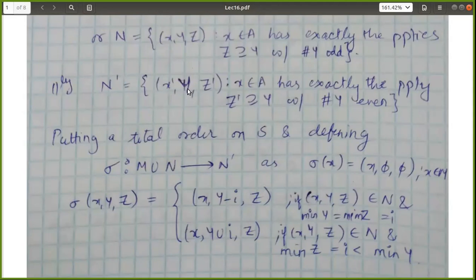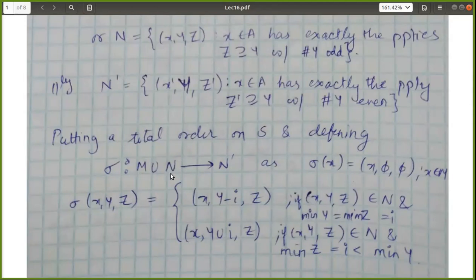So the cardinality of y is, for empty set, 0. And z prime also is empty. So cardinality of z prime is also 0. So it matches up with the notation here. It can be sent. Is it well defined? Yes, people? Yes. Okay. So we are good on the elements of M.